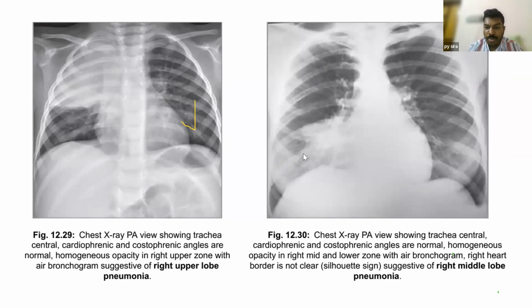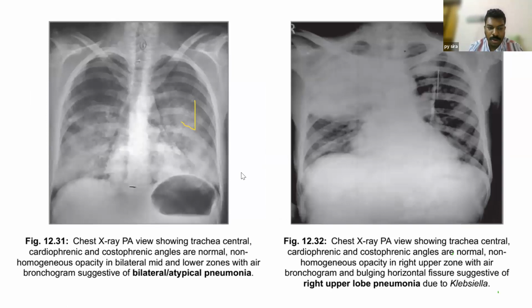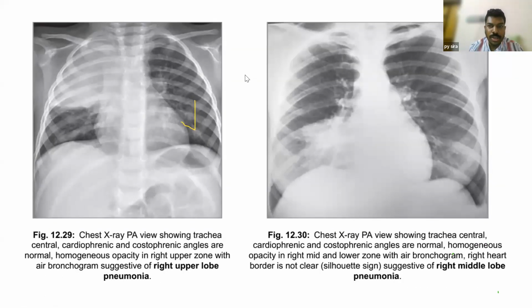This is more of a middle lobe pneumonia, because if you see the marking here, this is going to be the upper lobe, this is going to be the middle lobe, and this is going to be the lower lobe. That is a very important surface marking you have to know.